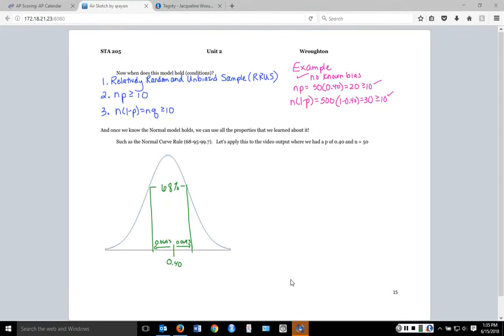And so subtracting that off would give me 0.3307, and adding it on gives me 0.4693.